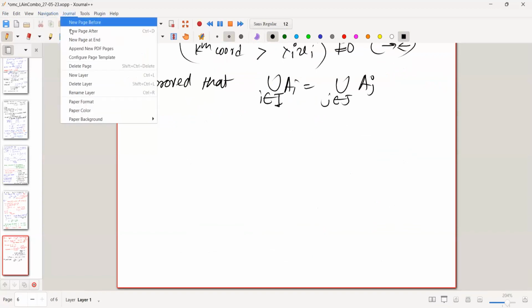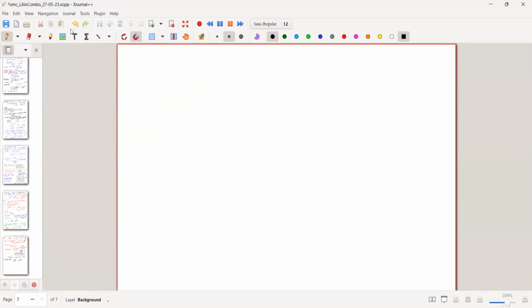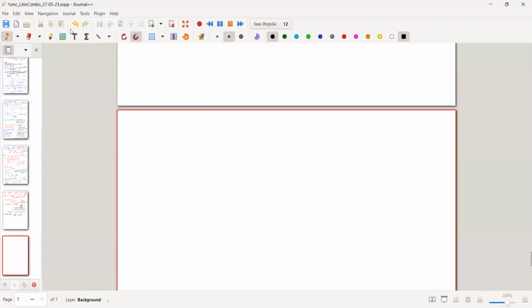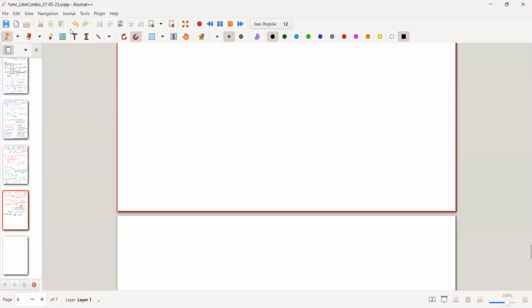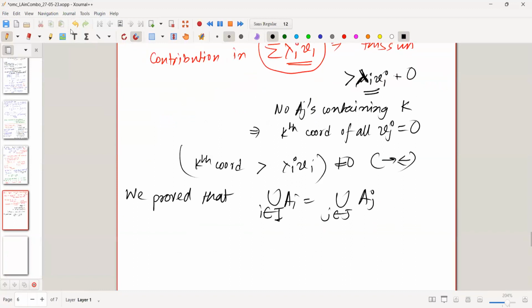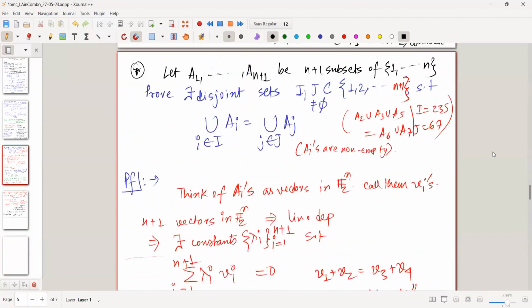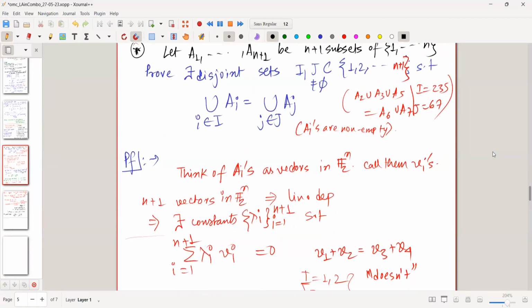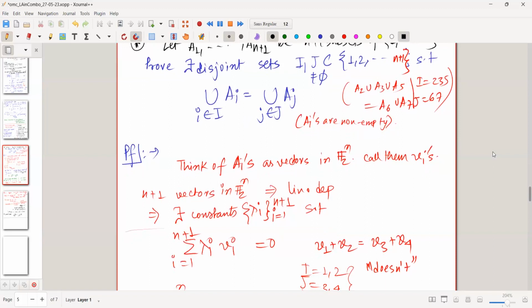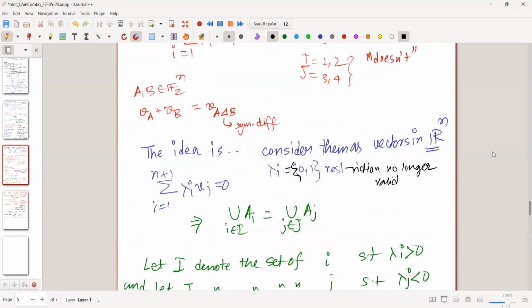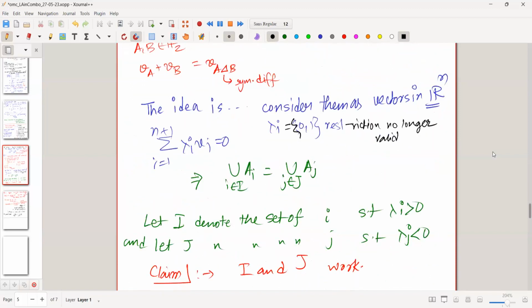I'll move on to the next problem, which is sort of related. I think there was a typo in the first line of the proof.